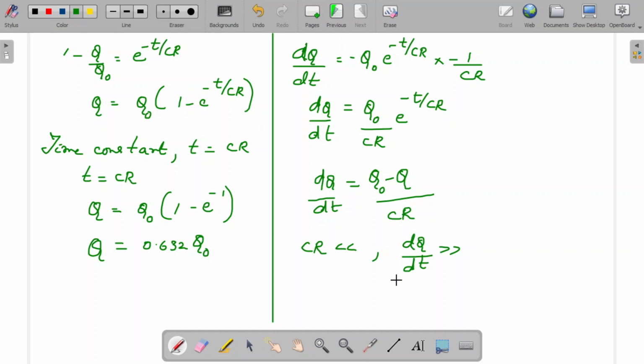Now the rate of growth of the charge is rapid in the beginning, and it becomes less and less towards the later stage.